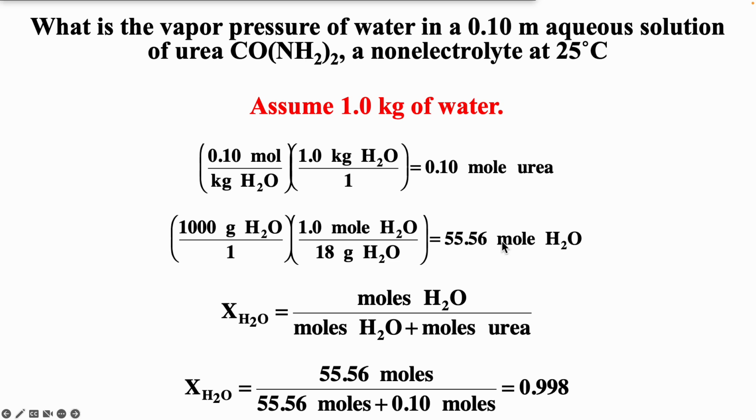That gives us 55.56 moles of water. We have 0.1 molal of the urea. And so if we multiply it by the amount of water, we get 0.1 mole of urea. And so the mole fraction of water is moles of water over total moles. And so 55.56 divided by 55.56 plus 0.1.